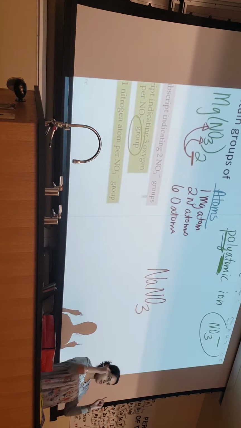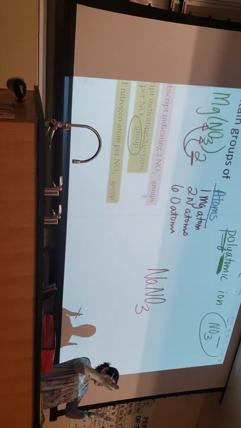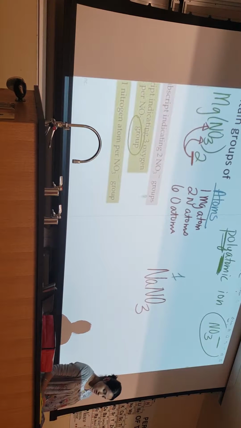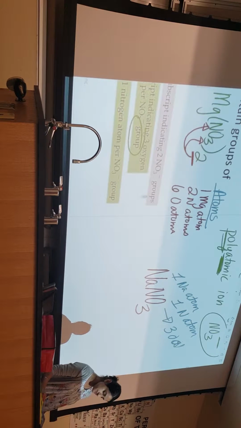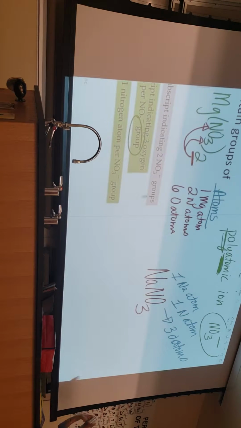So here, the ratio is 1:1. You have one nitrate for every one sodium. If I wanted to know atoms, you have one nitrogen atom, I'm sorry, I'm getting ahead of myself, and then 3 oxygen atoms. So here you don't have any parentheses to actually apply a number to it. It's just going to be 1, 1, 3.